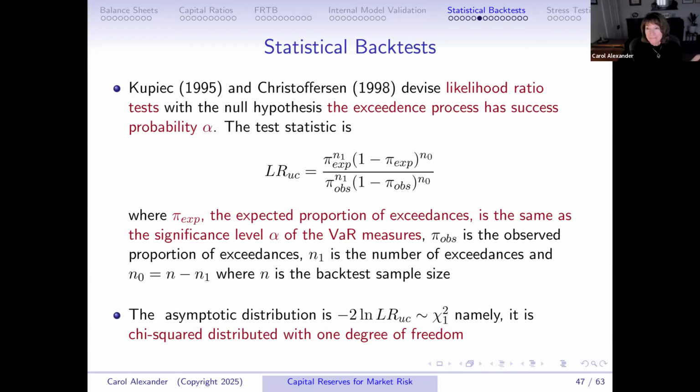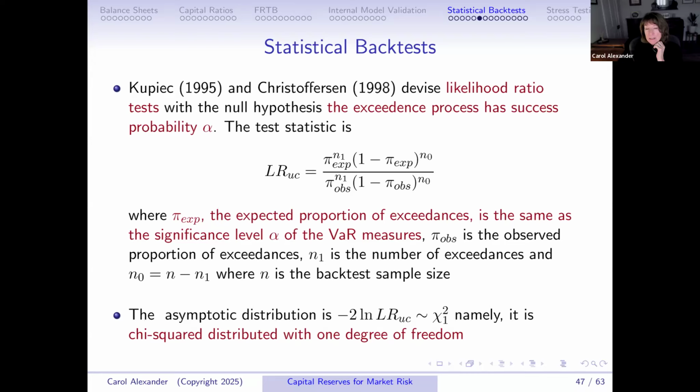In other words, the model is accurate, okay? So the test statistic is the ratio of the expected proportion of exceedances according to the model and the observed proportion of exceedances that you actually see in that process.